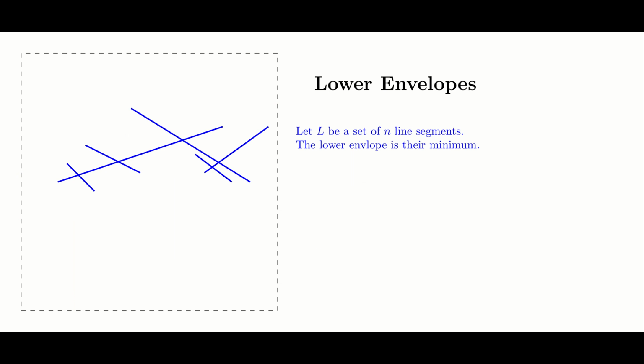And finally, for a set of line segments, it can be seen that they form a Davenport-Schinzel sequence of order 3, and thus the complexity is bounded by n log n. In fact, it is possible to show even a better bound of n alpha n, where alpha is the inverse Ackermann function.